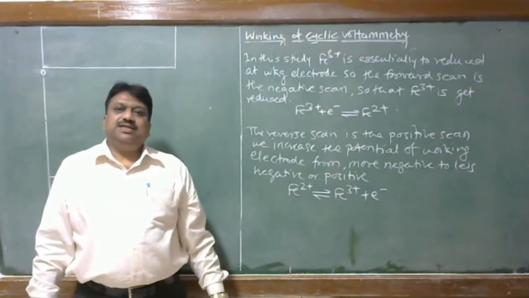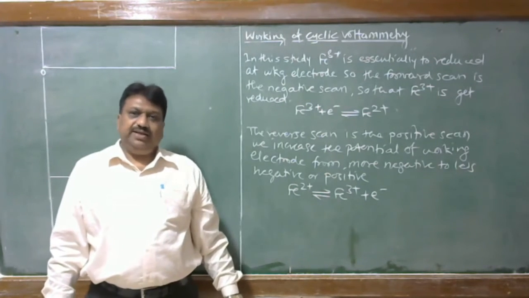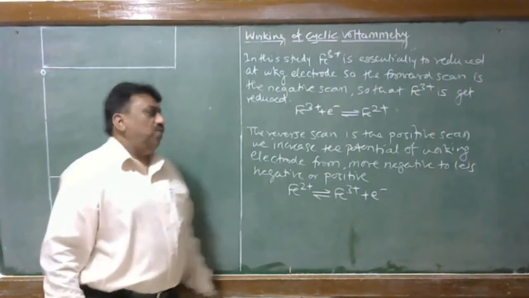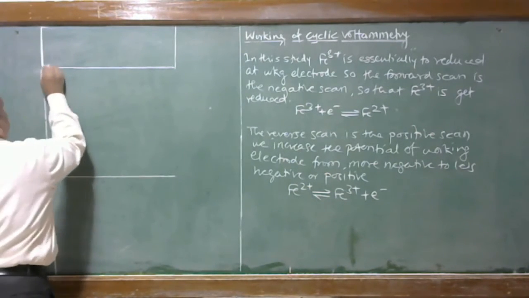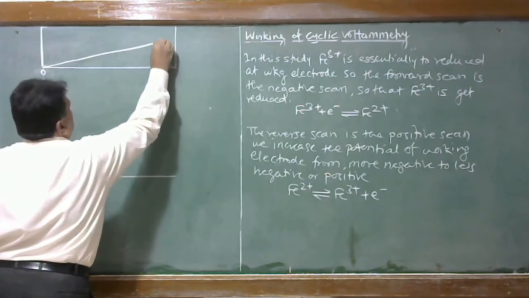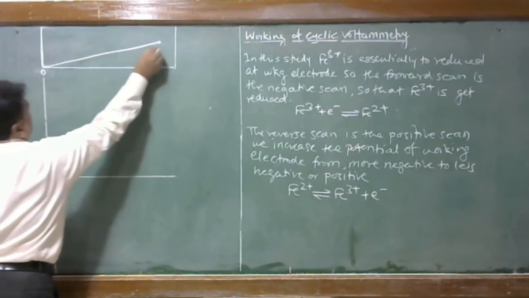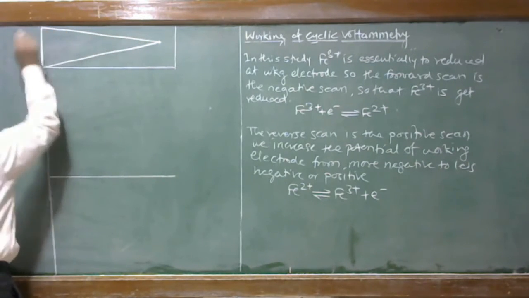Now in this lecture we discuss the potential sweep program using cyclic voltammetry, that is in a triangular waveform. In this case we are increasing the potential of the working electrode up to a certain level, and after that we can reverse that potential again to its original value.